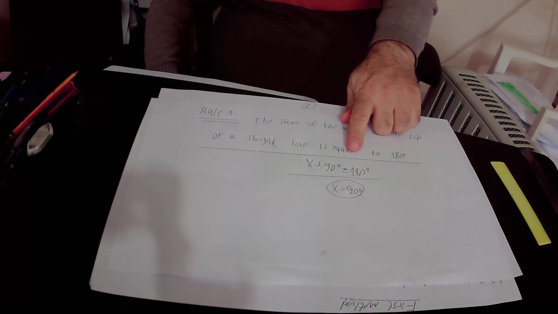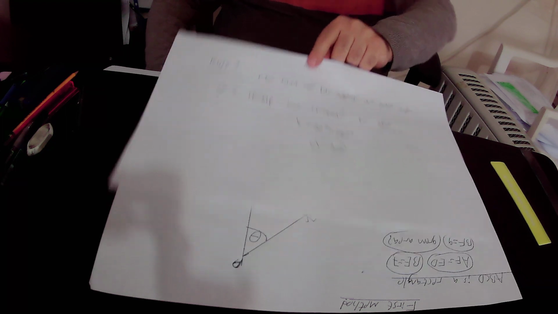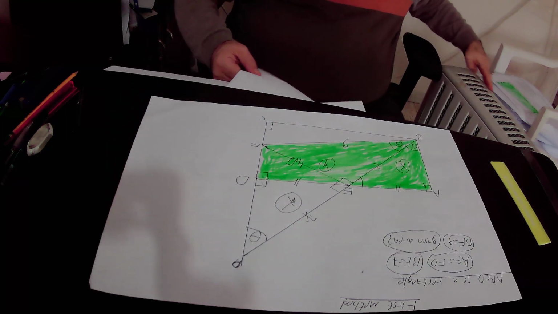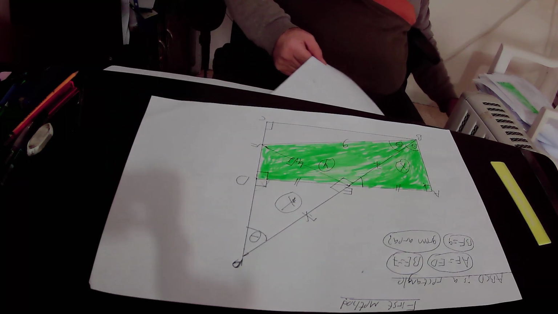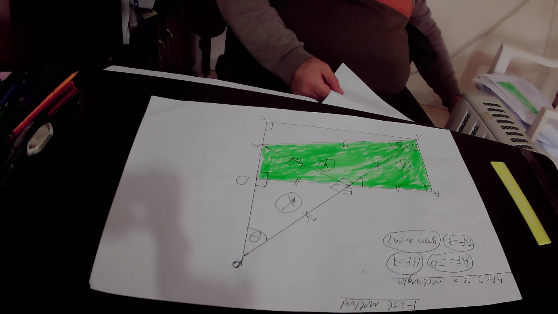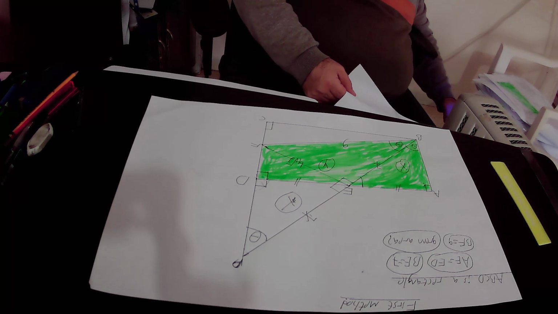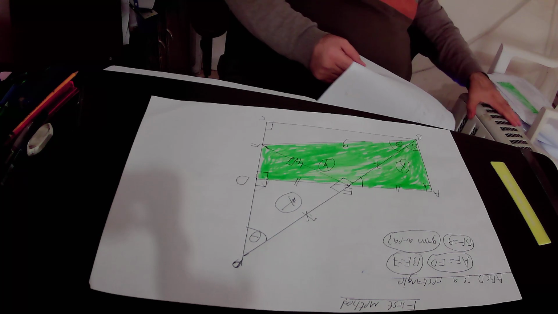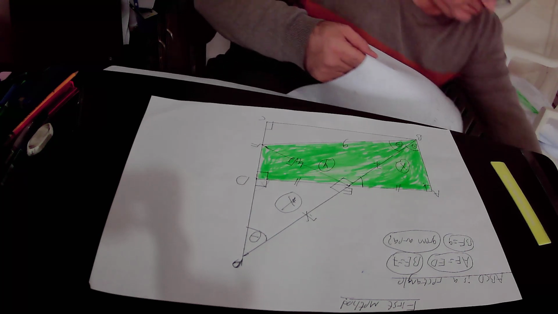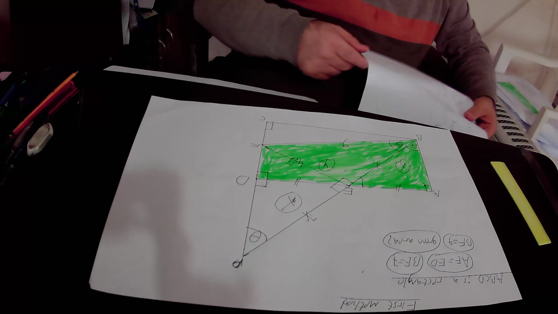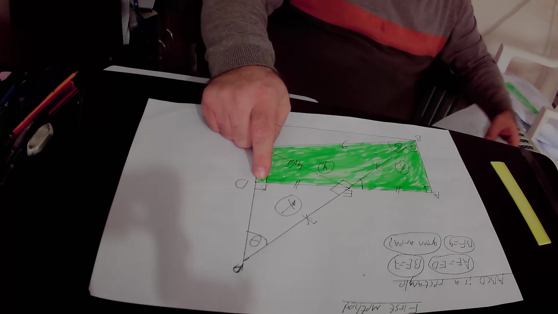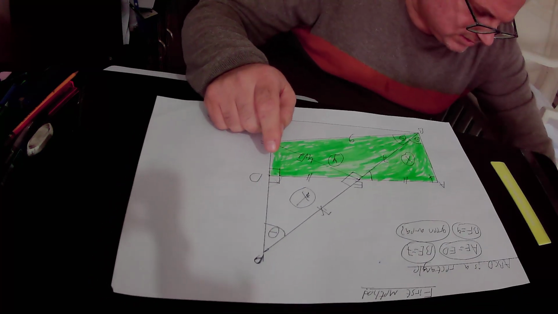We subtract 90 degrees from this equality and we get that X equals 90 degrees. So we found that this angle is a right angle, it equals 90 degrees.